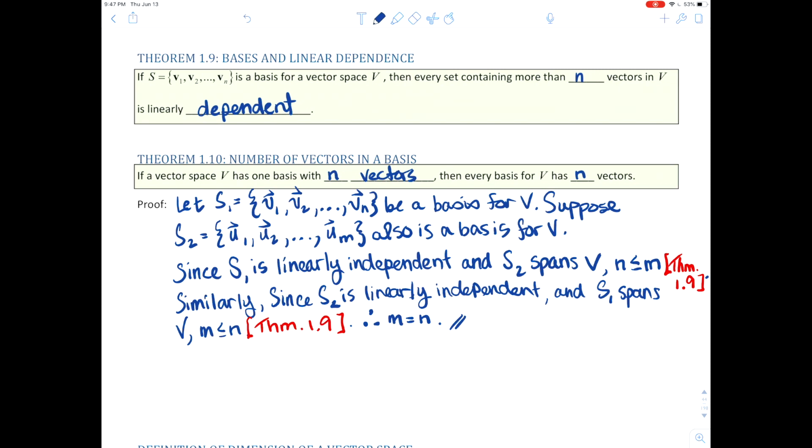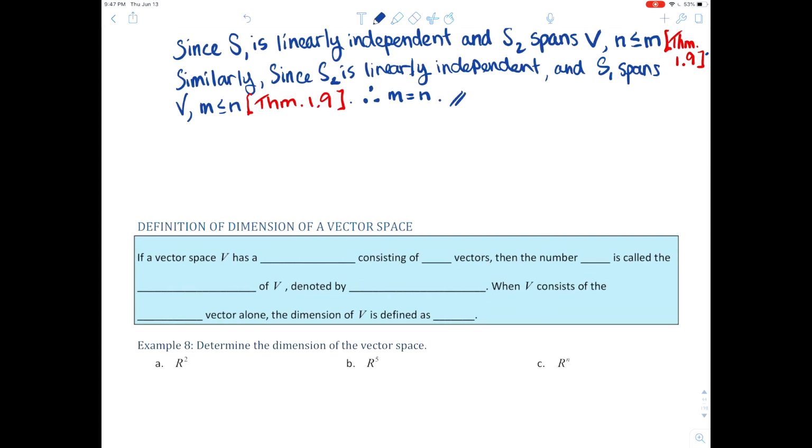All right. Definition of dimension of a vector space. So if a vector space V has a basis consisting of n vectors, then the number n is called the dimension of V, denoted by dim(V).